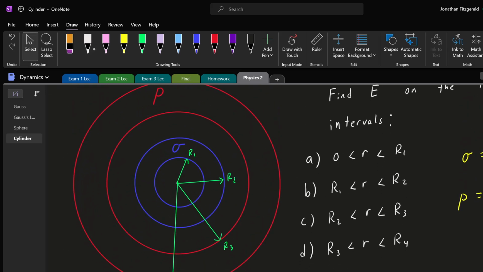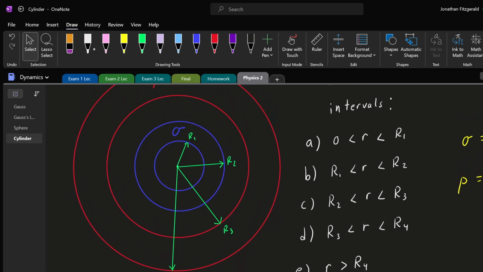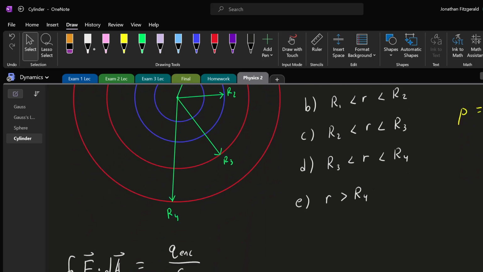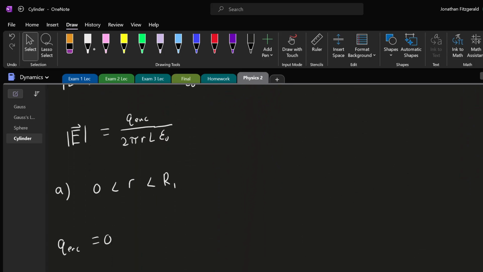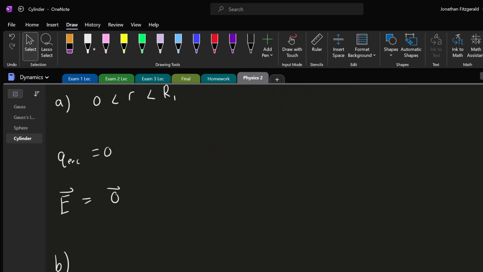Now part B. R1 to R2. Now what is from R1 to R2? It's a conducting cylinder. Okay. So now remember also, the electric field inside a conductor is always 0.